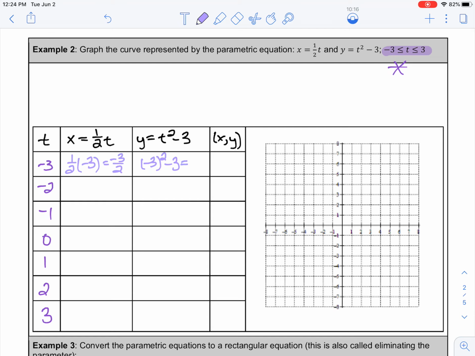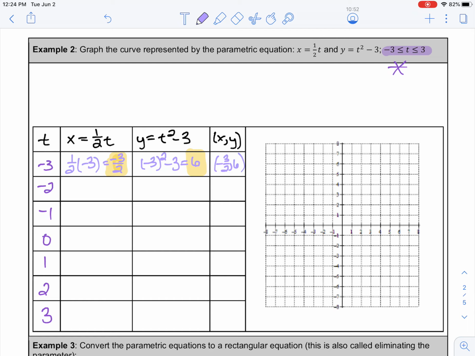Doing that will give us a y value of 6. Now our xy coordinate comes from this x of t value when t was -3 and this y of t value when t was -3 as well. So our point that we're going to plot on our graph is (-3/2, 6).